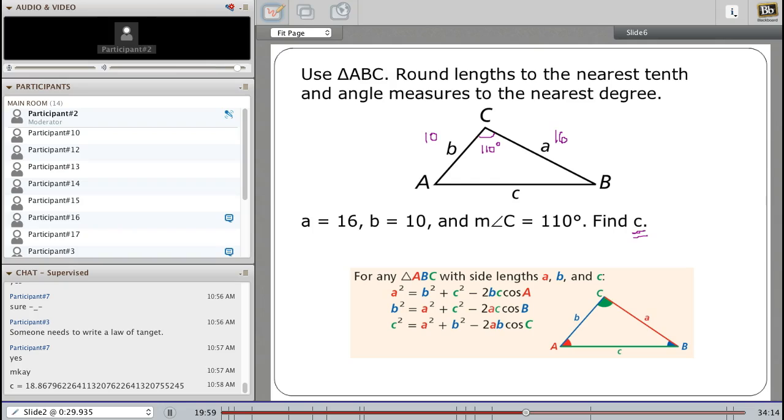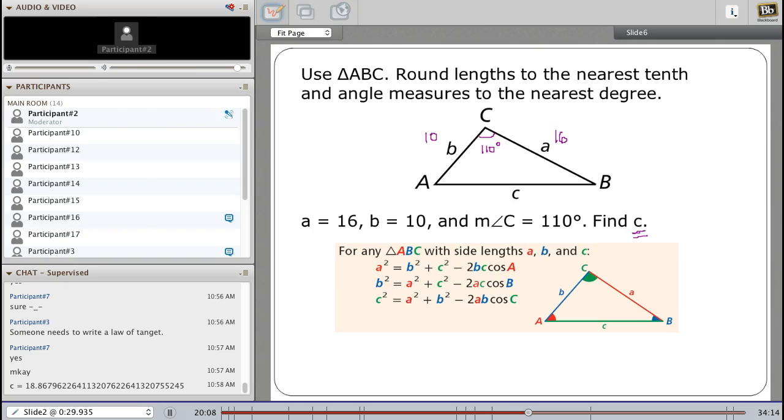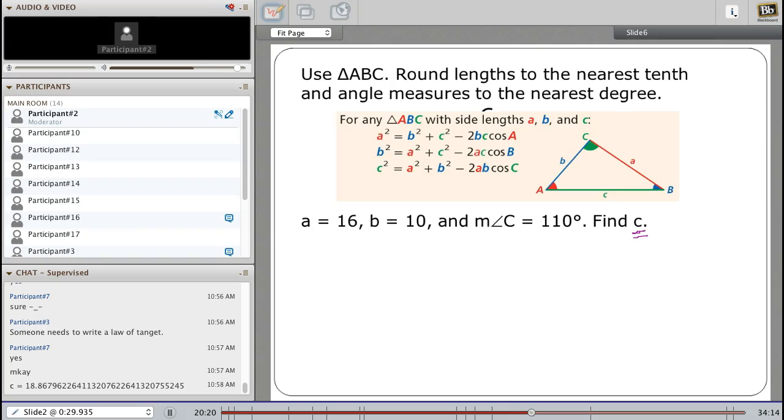So let's check that. So let's plug things in. I'm going to move this up just a little to give us some room. I'm going to cover up the triangle because we don't really need the triangle in order to complete the formula, just so I don't run out of room.